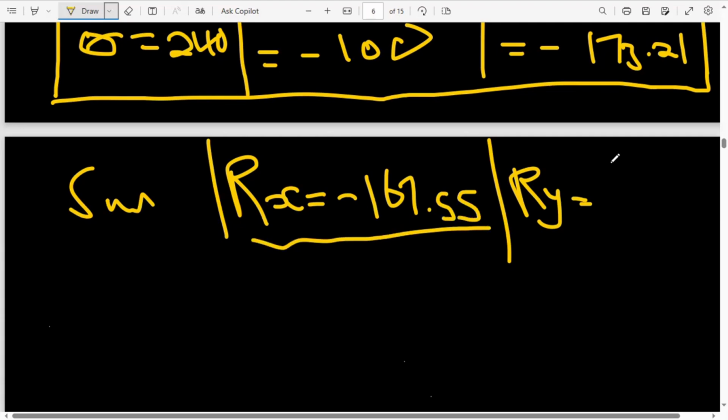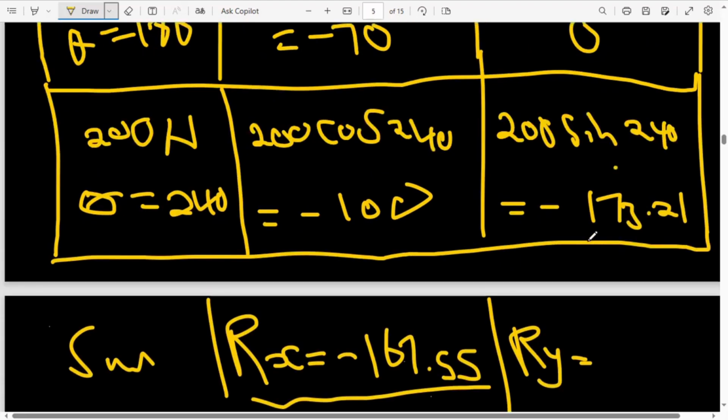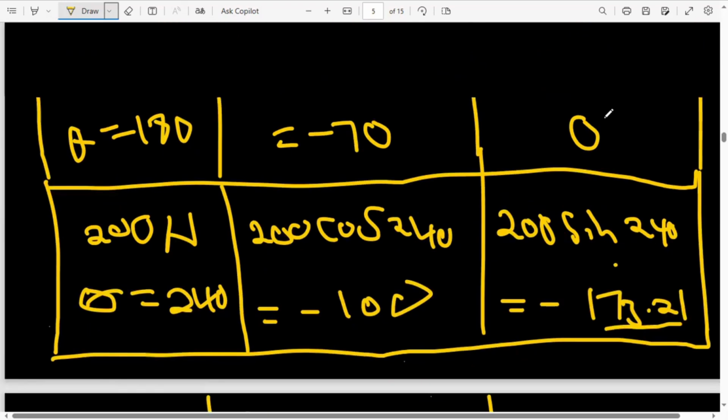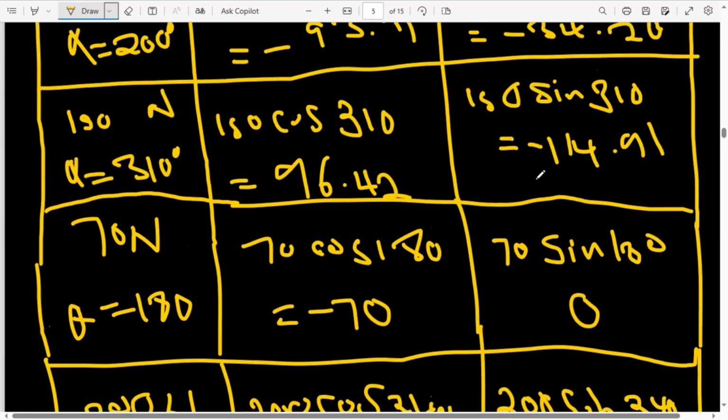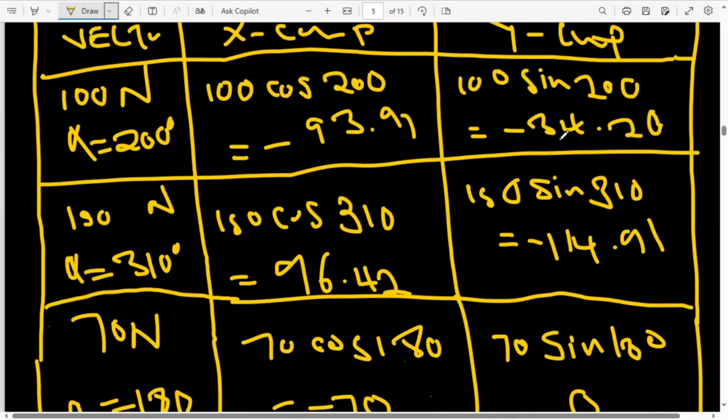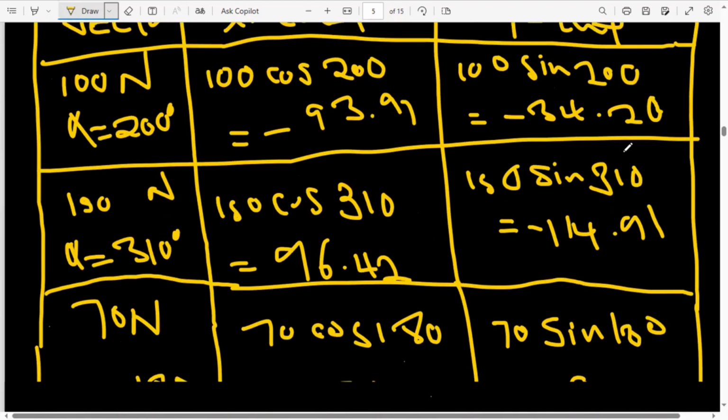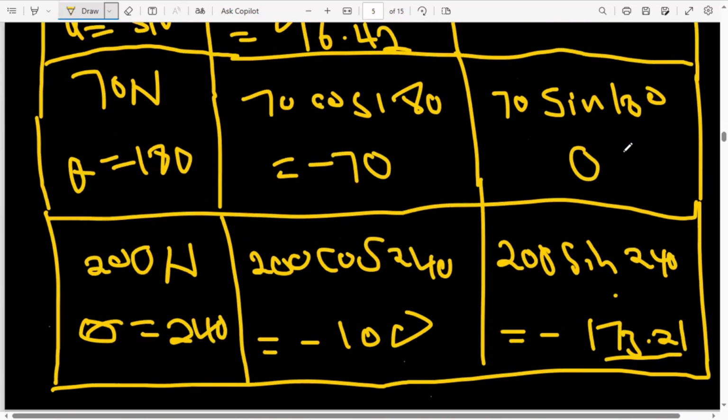Then my resultant of Y, let's add. Punch this on your calculator: plus 0 plus minus 114.91 plus minus 34.20. What are you going to get?